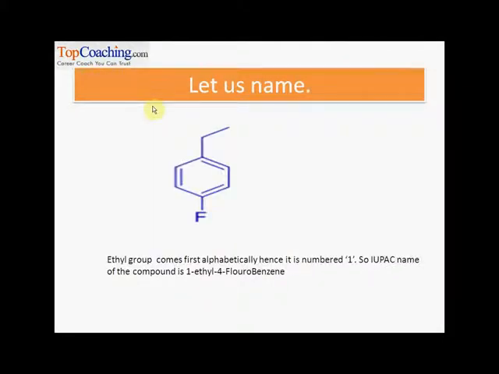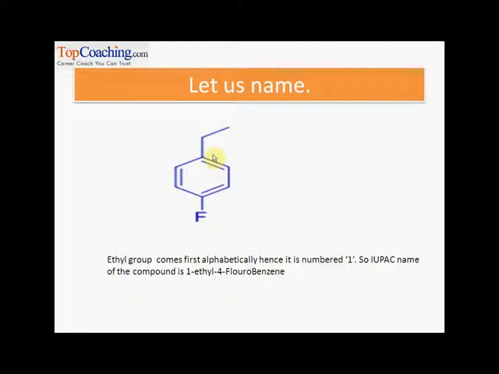Okay, now let us name some cyclic halogens. So this is a benzene with 2 substituents. There is a carbon atom over here and of course a methyl group over here. So since ethyl group comes first, right?